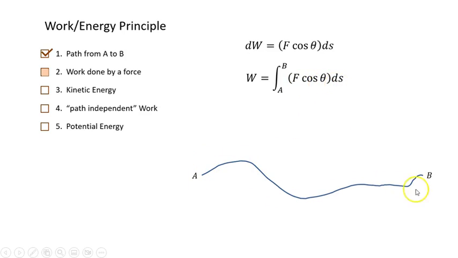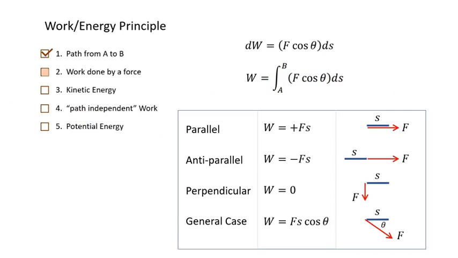When you sum up infinitely many small elements, that summation sign is an integral, right? So this integral gets us the work. Now, in practice, this is not something we'll do. This is just a concept. We'll more than likely look at these cases.